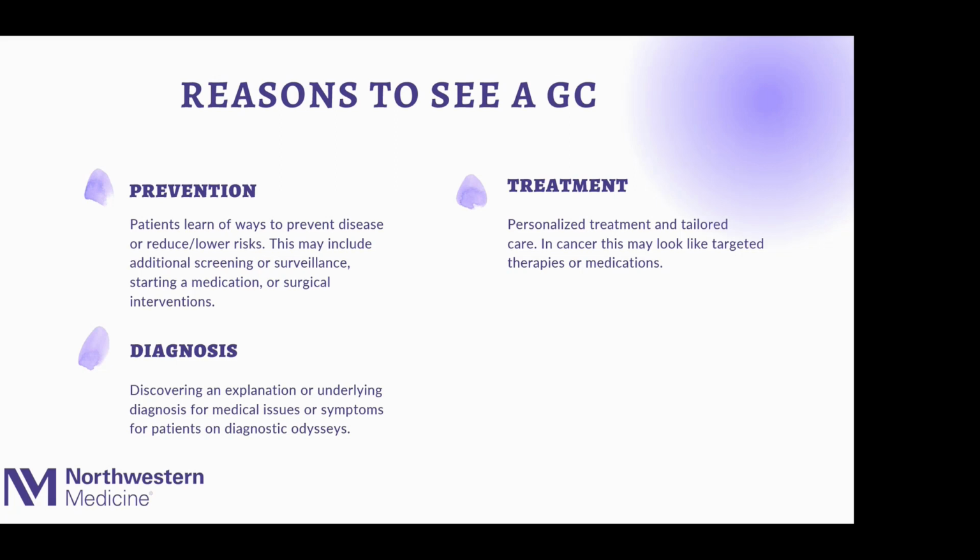For a diagnosis, it can help with discovering an explanation or underlying cause for certain medical issues, or even identifying a potential cause for the cancer in the family. And for treatment, personalized treatment and tailored care. That is one of the benefits of testing. In cancer, this may look like targeted therapies or more personalized surgical recommendations based off of the genetic test result.